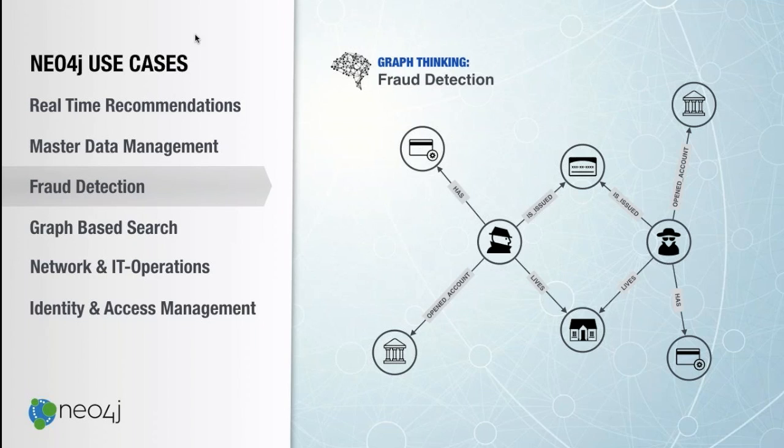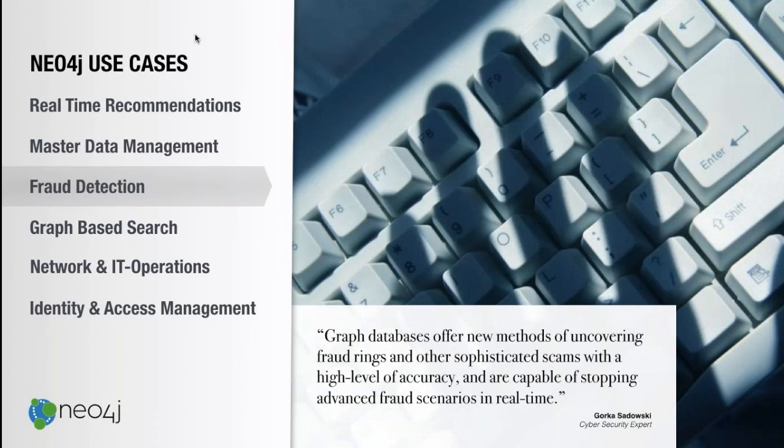It's quite hard to detect that sort of behavior with most systems, but it's very easy with a graph, because that pattern of people opening bank accounts using the same identity tokens is a pattern in a graph that can be detected and acted on. So that's one of the ways in which Neo4j has been used for fraud detection.